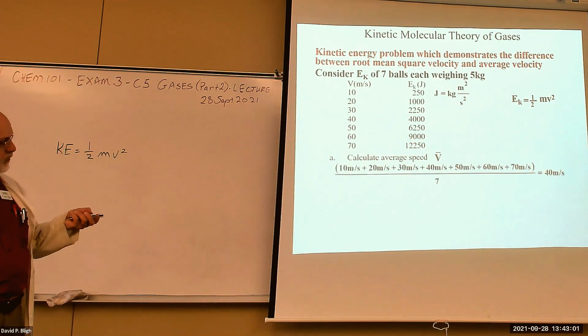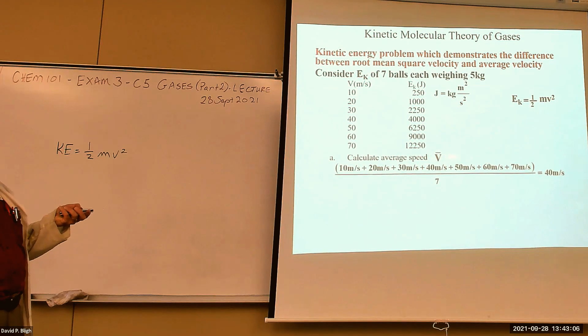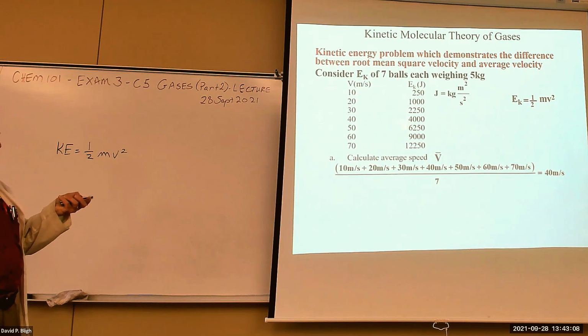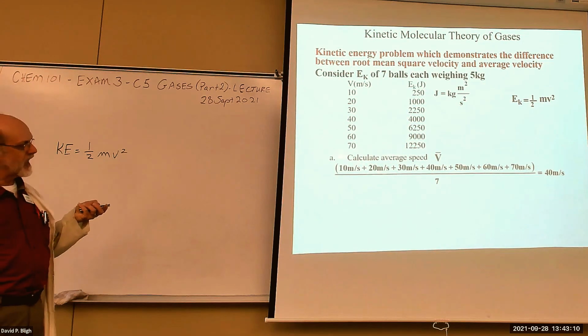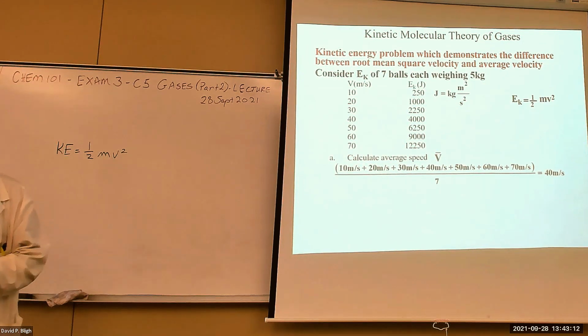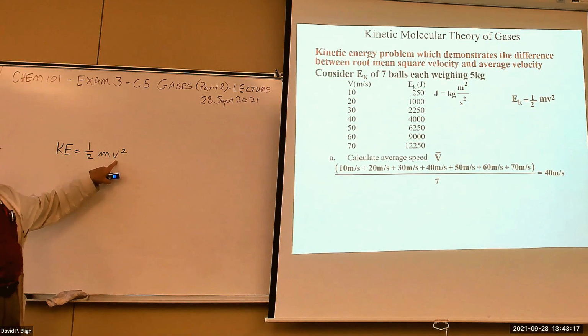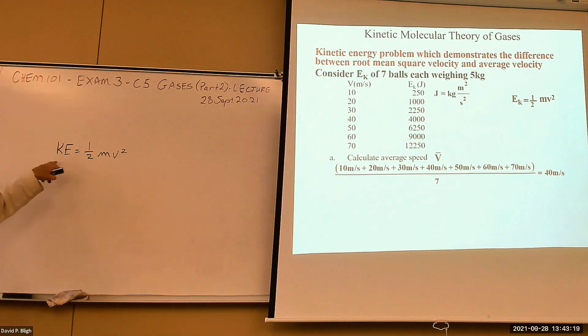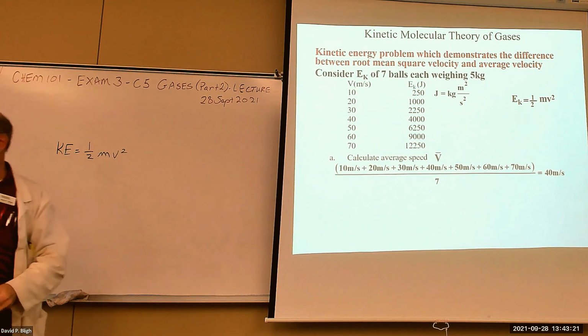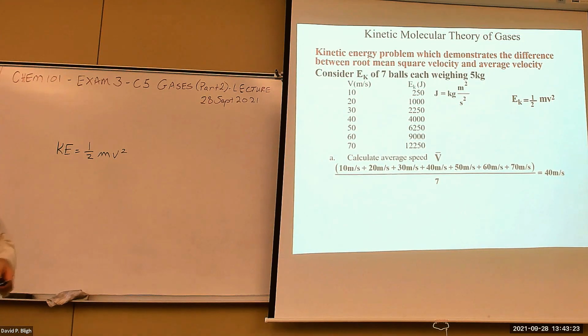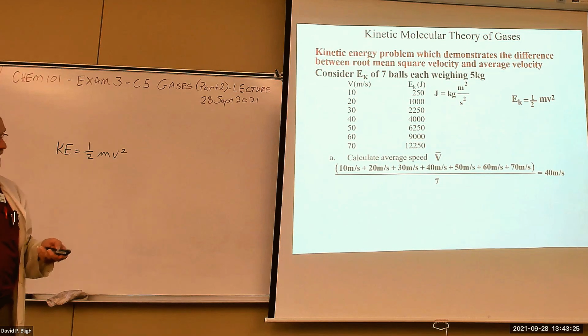No, this is average velocity. Excuse me, these are the individual kinetic energies. What is the average velocity? Let's do that first, because if we know the average velocity, then we can calculate kinetic energy for the average speed. And the average speed is 40 meters per second.